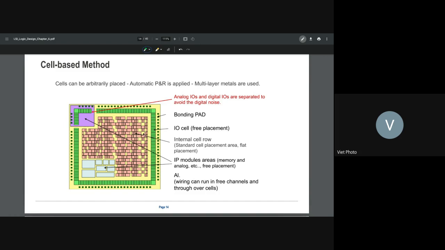But when you get outside, it will connect to the PCB. Let's say you have another chip here, so you go from this chip to that chip. Inside here, the distance between the cells will be only a micron.